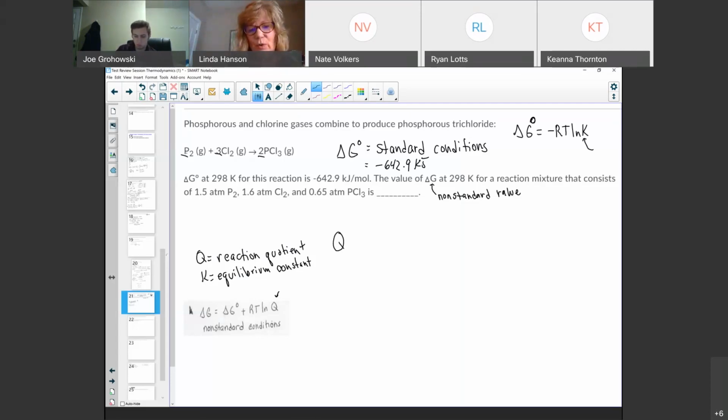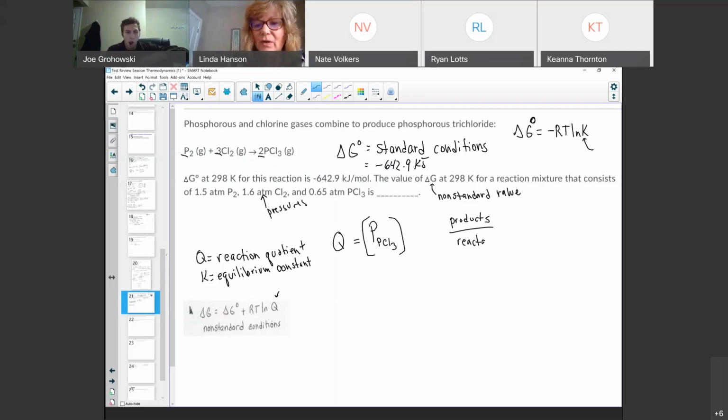Q is the reaction quotient. These are pressures, so we're going to use partial pressures. The partial pressure of PCl3, because that's the product, remember that our goal is to always take products over reactants.